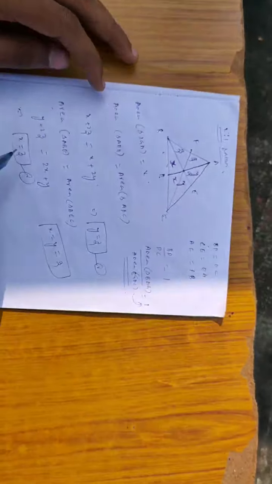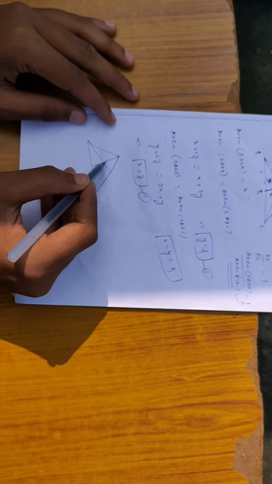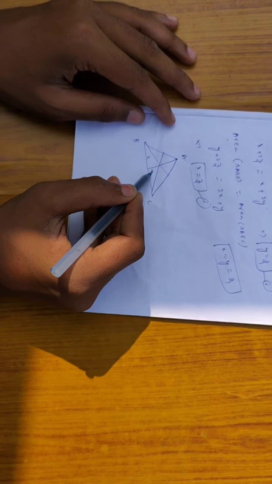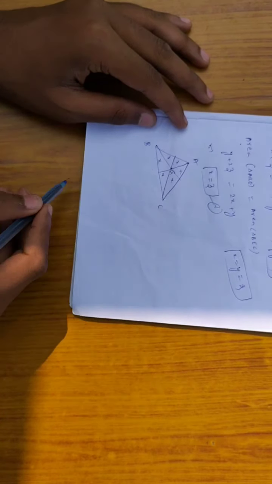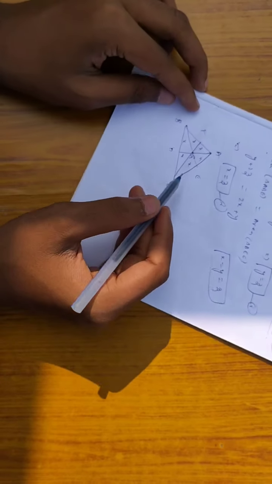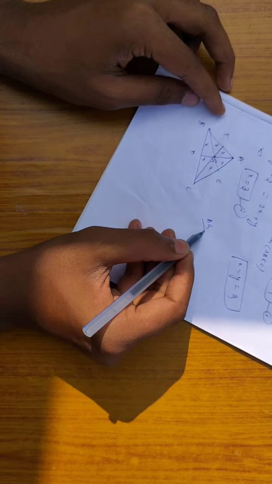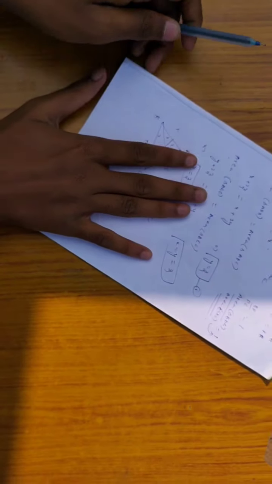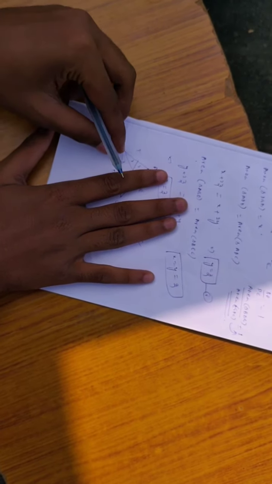So we can draw the triangle as x, x, x, x, x, x. So this is G, D, E, F. Now AG by GD will be in the ratio of, let us see this triangle, and this is a cevian.